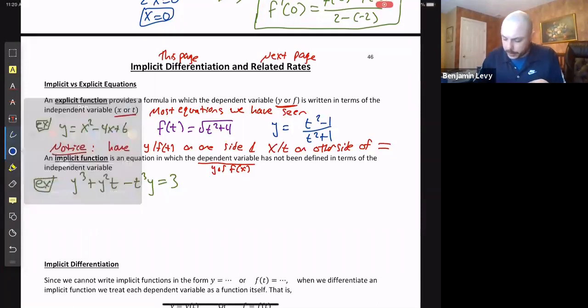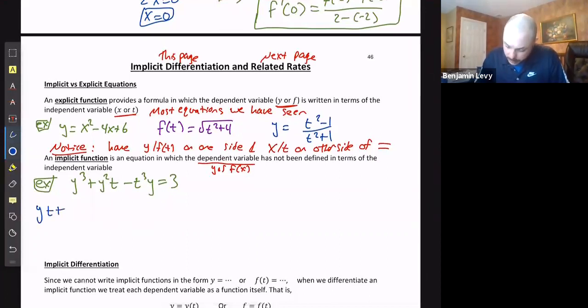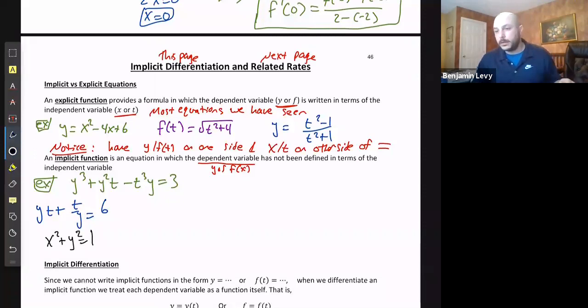Let's write another example. How about yt plus t over y equals 6. That's an implicit function. An implicit function we see in pre-calc would be the unit circle, x squared plus y squared equals 1. That's the equation of the unit circle.